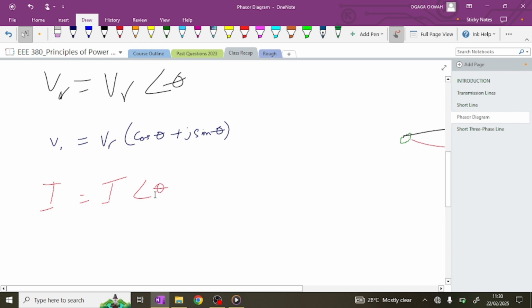So if this angle is greater than this angle, then the power factor is leading. If this angle is less than this angle, the power factor is lagging.